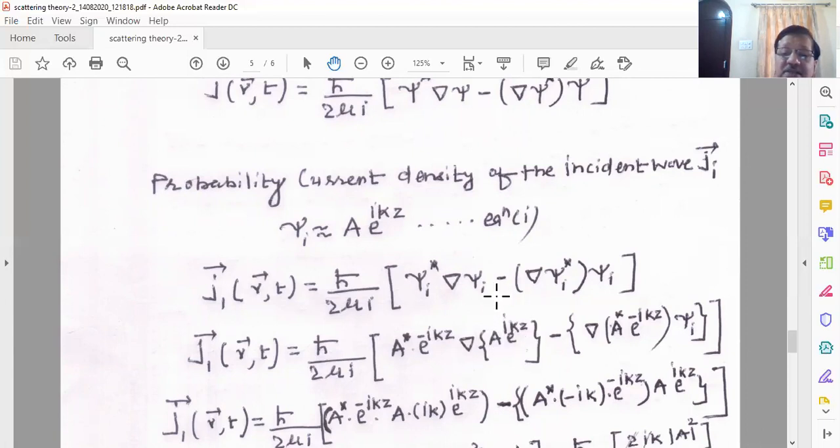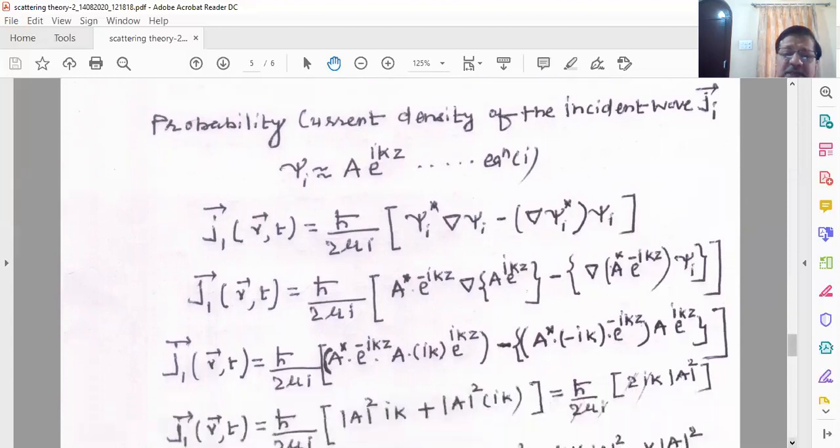Then you have a minus sign, so I have a minus sign. Then I'm putting a parenthesis because it's the gradient of psi_i. Then psi_i star, you can see A star e to the power of minus ikz, and you have psi_i.